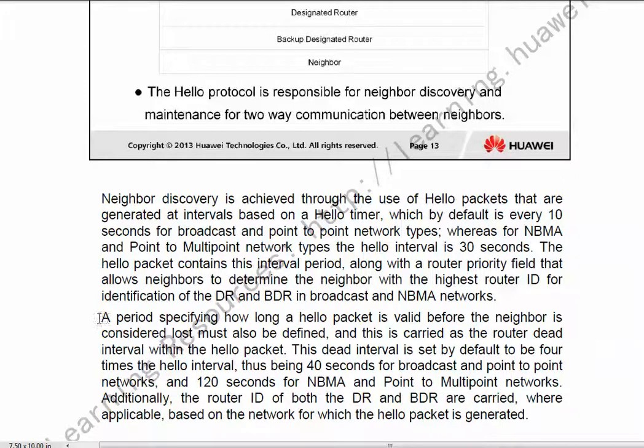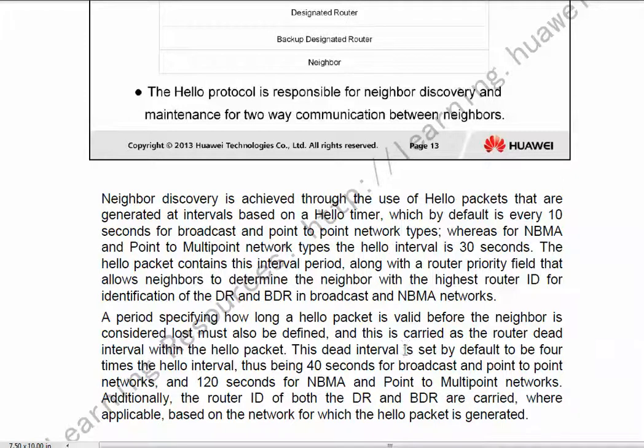Another timer is called the dead interval. It defines how long to wait before the neighbor is considered lost, and it must also be defined. This is carried as the router dead interval within the hello packet.